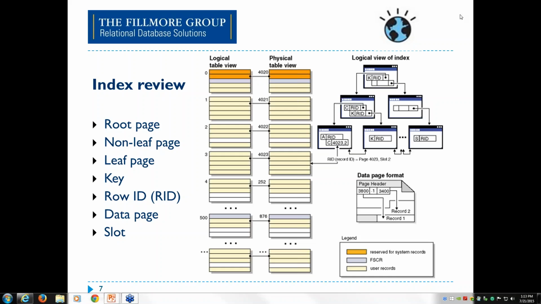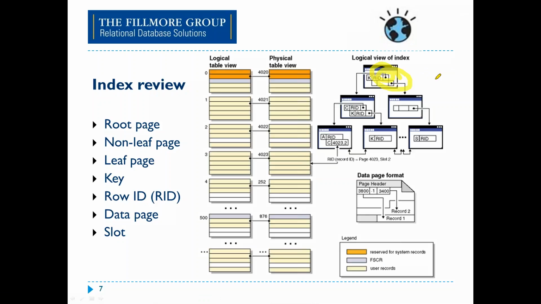So this is an example of the index that I told you about. We start at the top with something known as a root page. The root page contains entries for all of the non-leaf pages below it, an entry of the highest key value and the location of the non-leaf page that contains that highest key value.